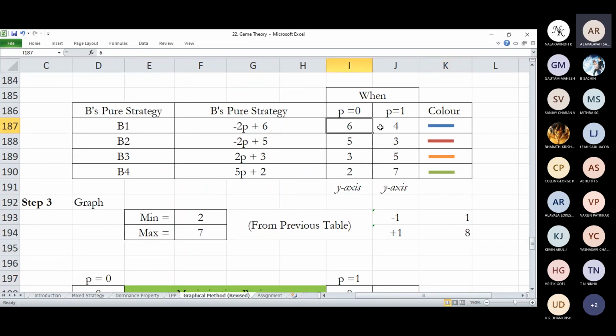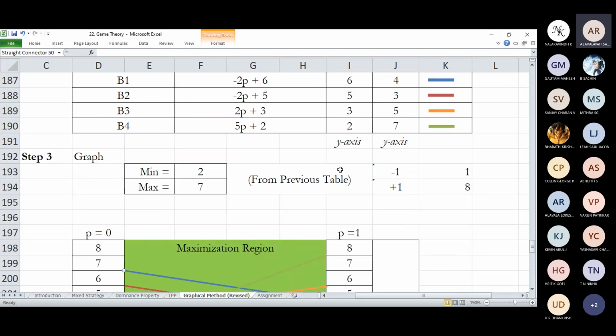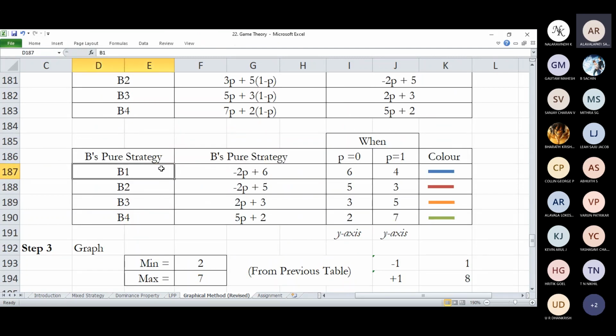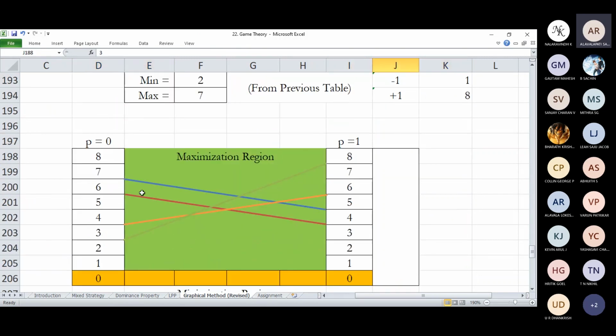This is B1, 6 and 4. This top edge is this particular number, so 6 and 4, that is B1. Then B2, the red color line, is 5 and 3. The top line represents that particular number.